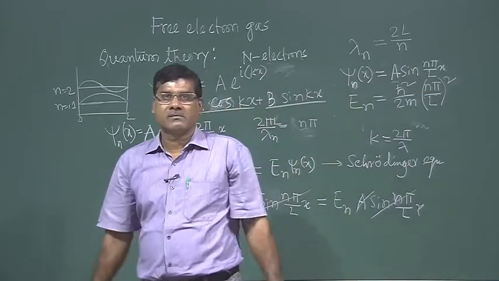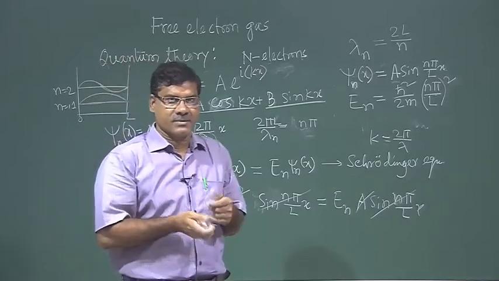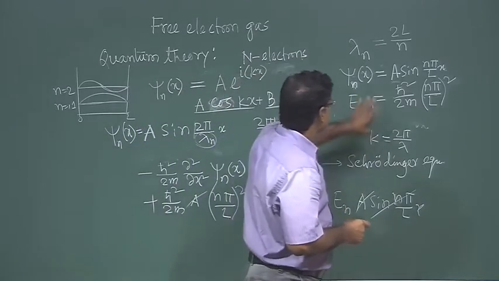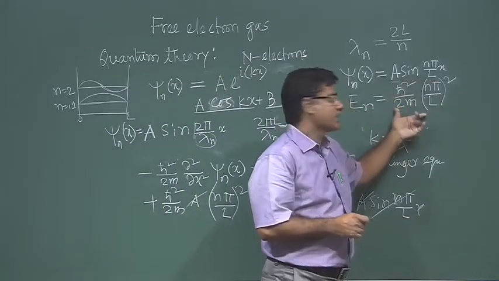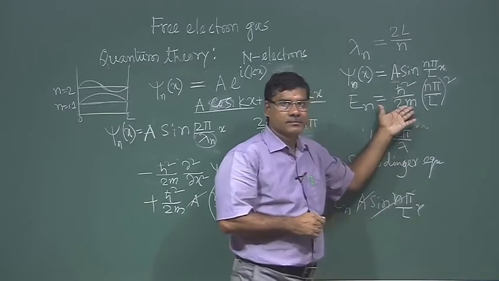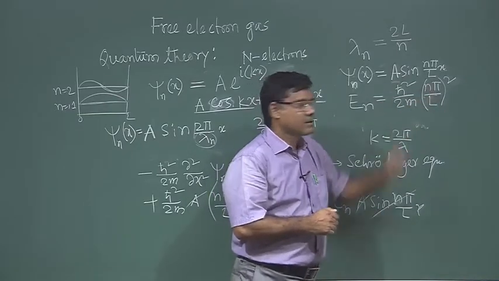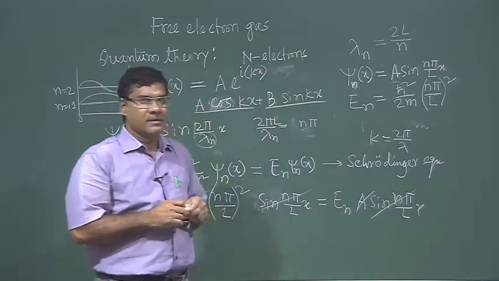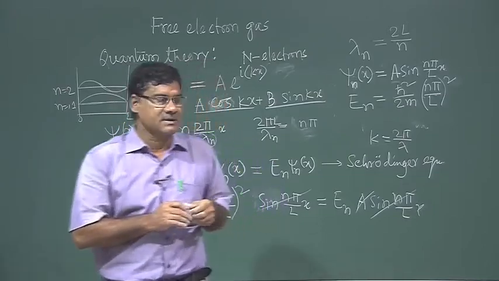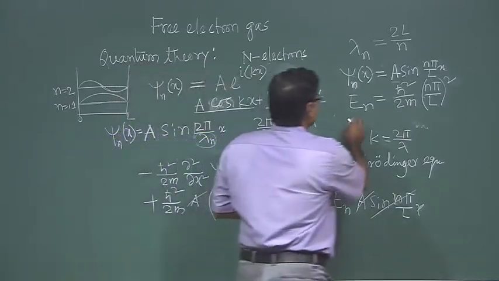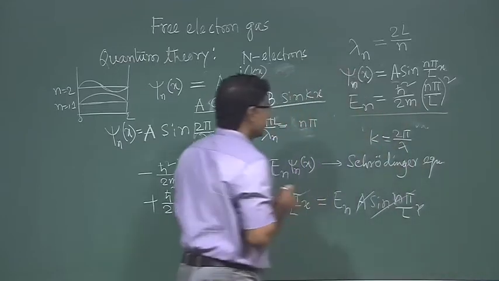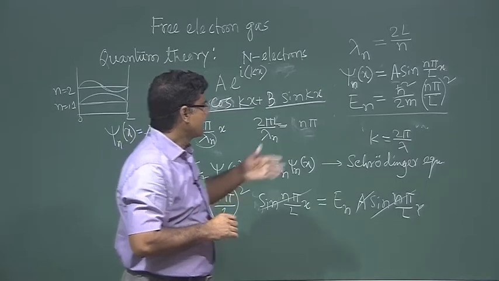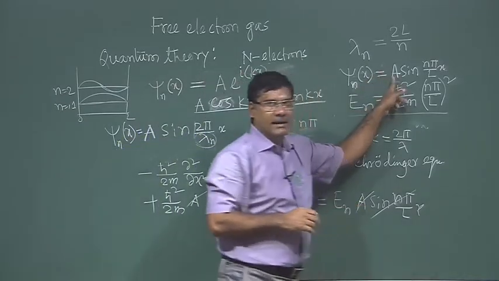So, that will be the energy of the nth state of our system. Now it is in terms of all known quantities. We know the mass of the electron, and the length of the dimension of our system is known to us. So, this is the energy of the system.